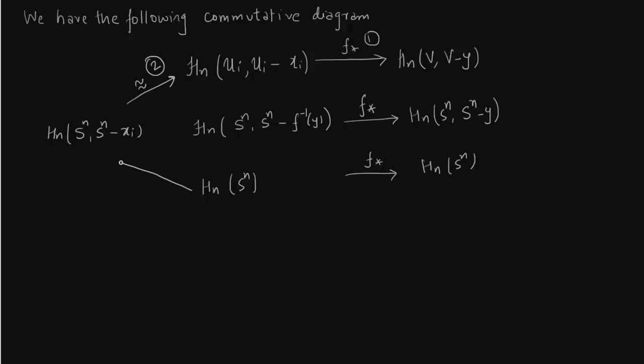And this is the map number 3 from the previous slide. This came from the long exact sequence. So you understand that these three maps, f star, f star, f star, come from f itself.